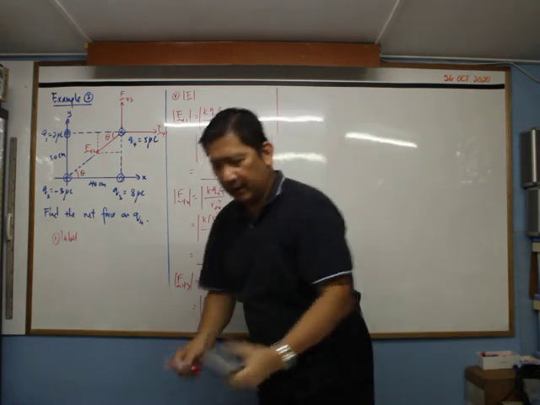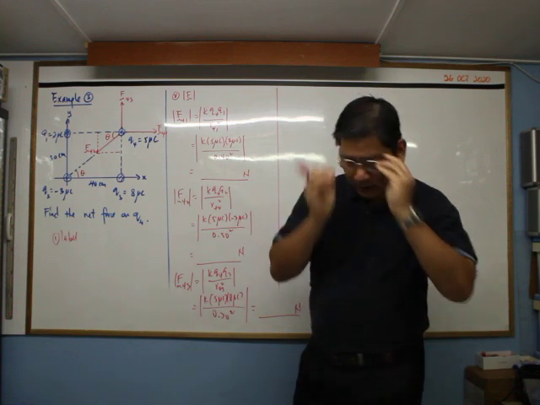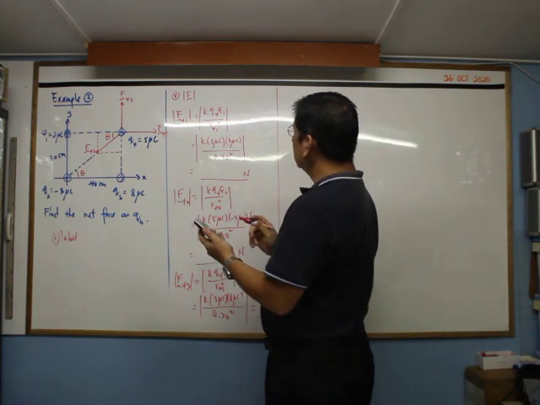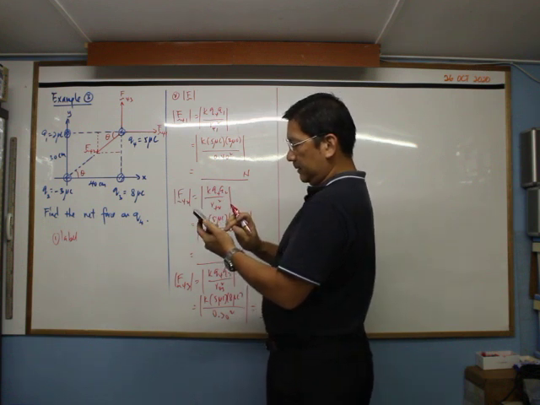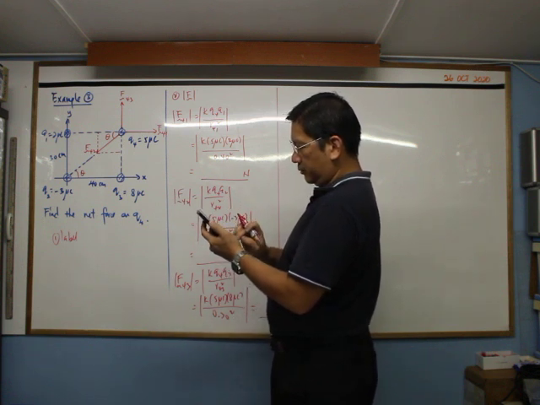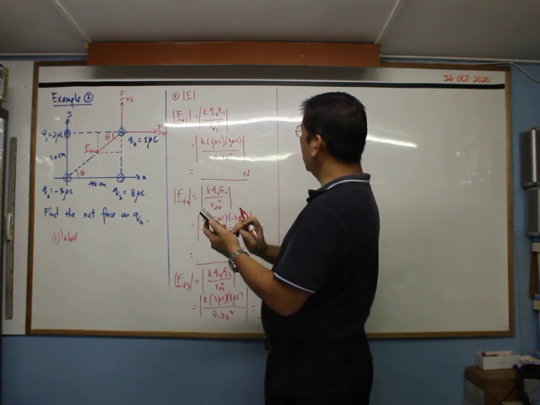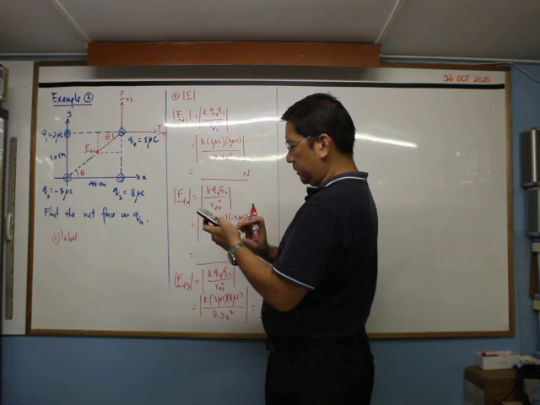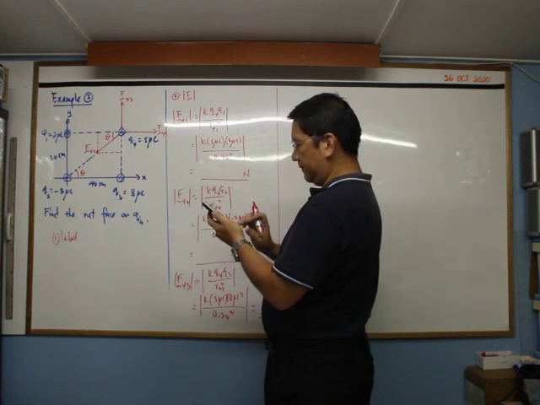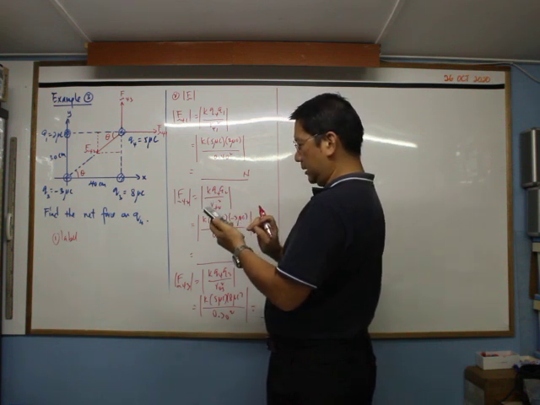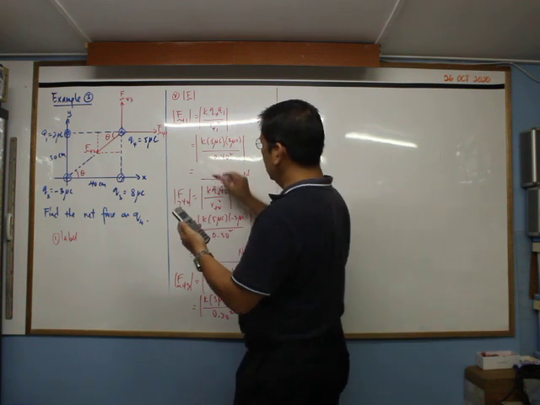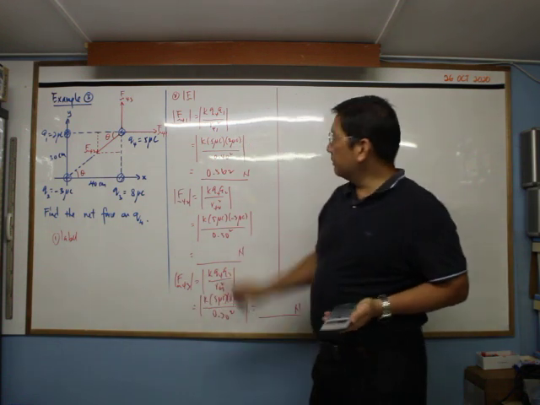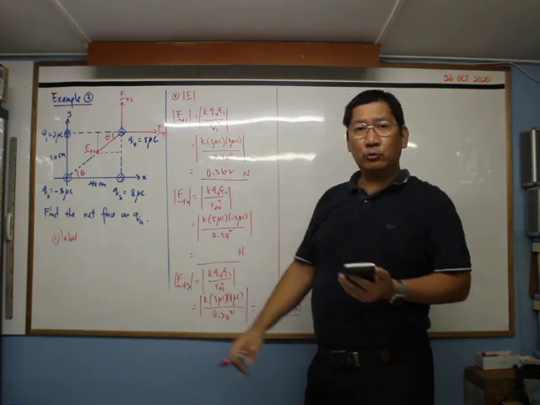So you need the help of a calculator to solve the forces. And this one is 8.99 times 10 to the 9, multiplied by 5 times 10 to the negative 6, multiplied by 2 times 10 to the negative 6, and then divide by 0.4 squared. So we have 0.562 Newton. So remember the micro, don't ask the same question again.